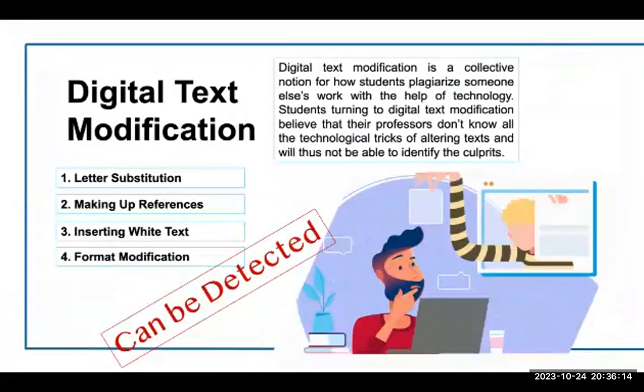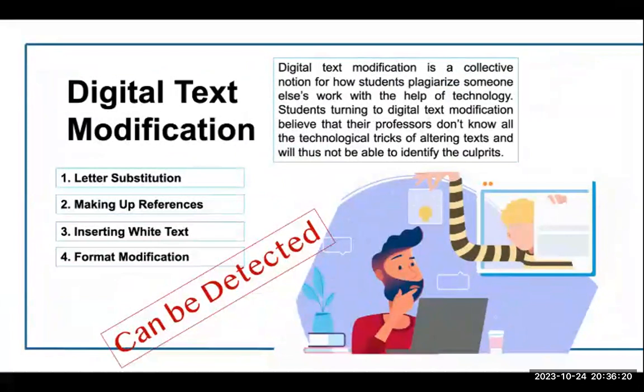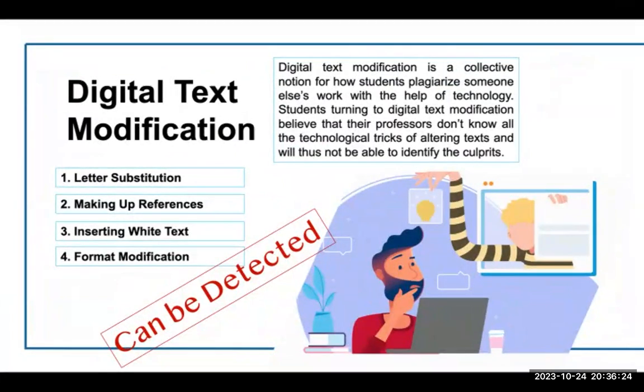First you have to understand what plagiarism is, then tell your students the types of plagiarism, then inform them how to avoid it and what kind of changes can help them paraphrase differently.